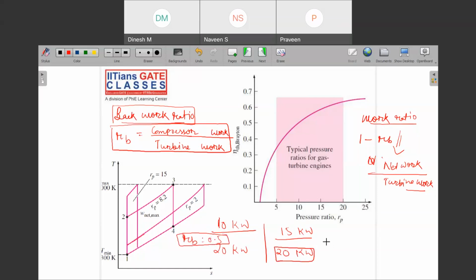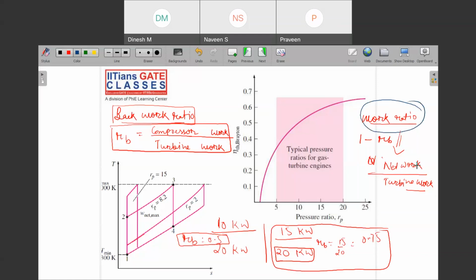And what about this one? This RB is equal to 15 upon 20. So this is 0.75. So back work ratio will be higher when you are working with higher pressure ratios, but your work ratio is decreased. I was interested in what my work ratio is.